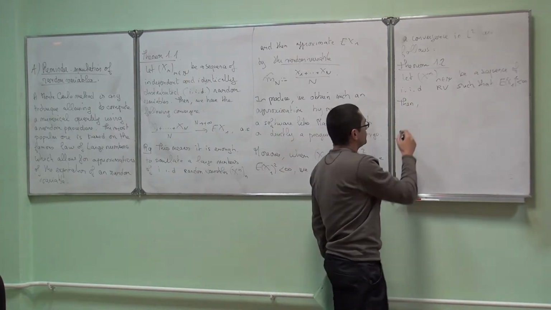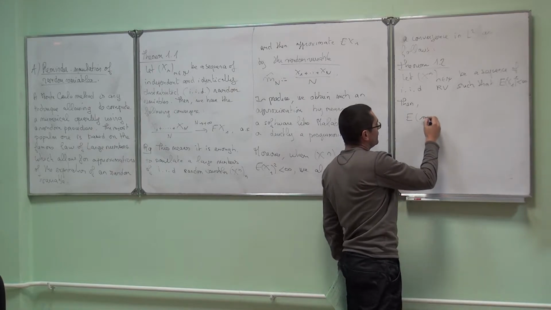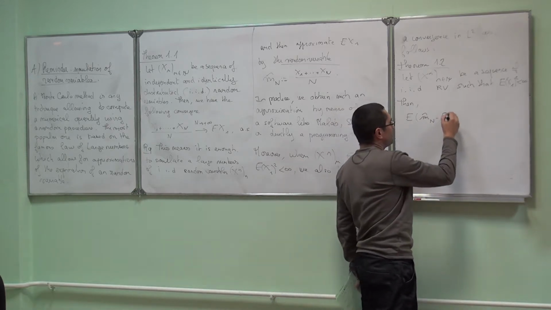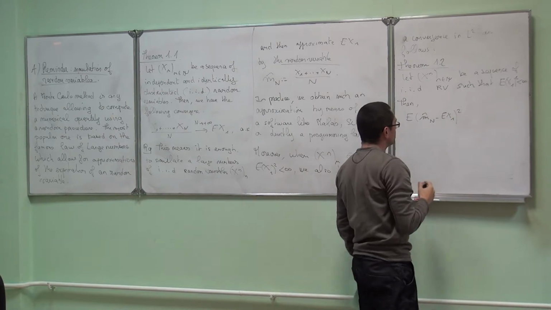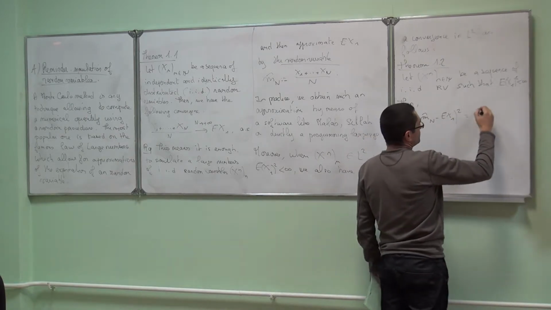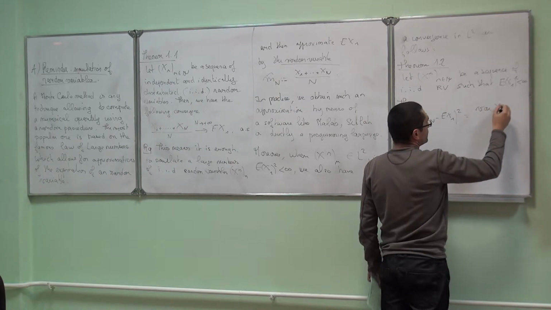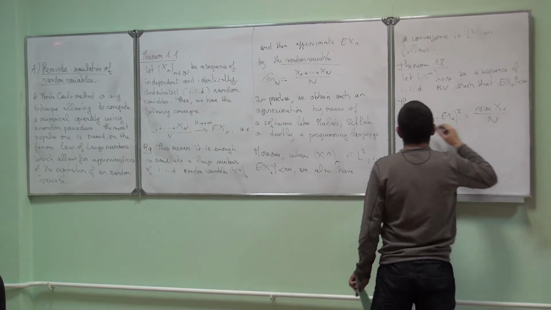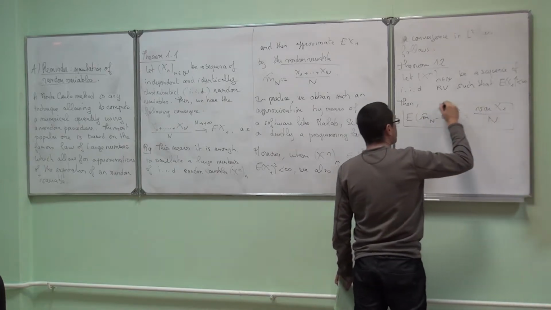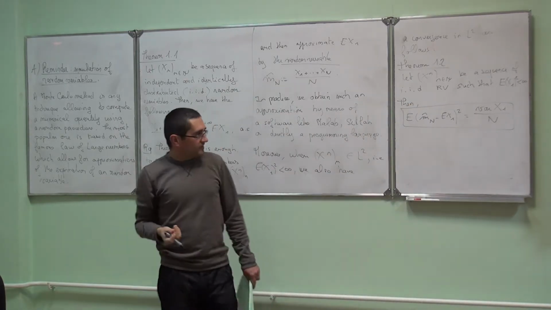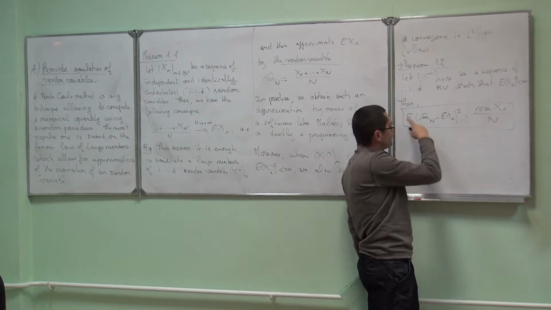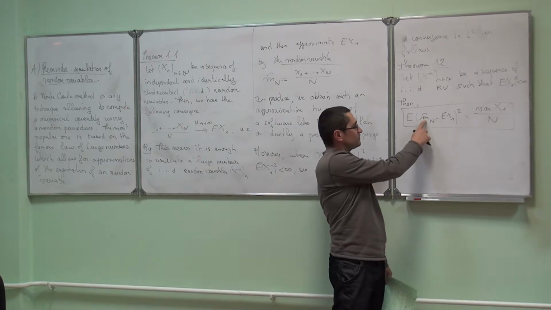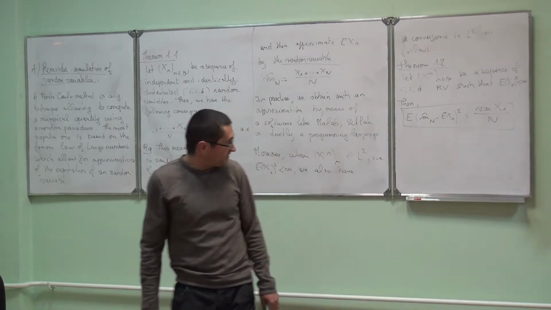Then we get this estimate: the expectation of (M hat N minus the expectation of X_1) squared equals precisely the variance of X_1 over N. Of course, as N tends to infinity, the norm of the difference between this random variable and the limit tends to 0.